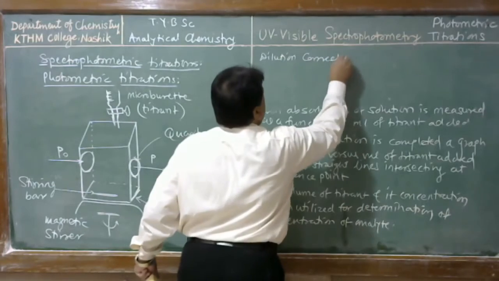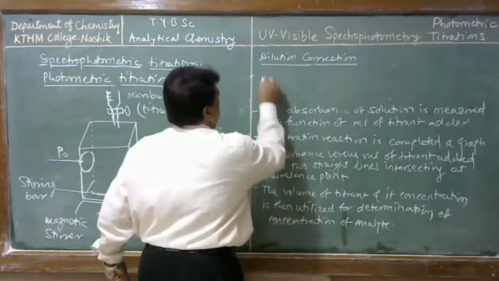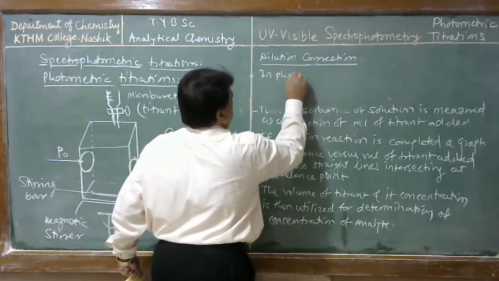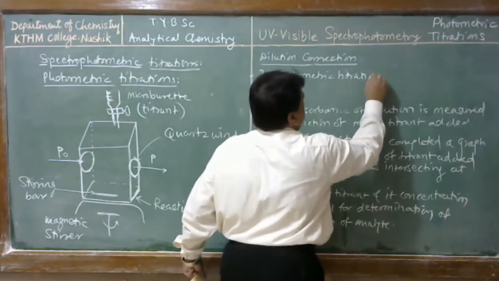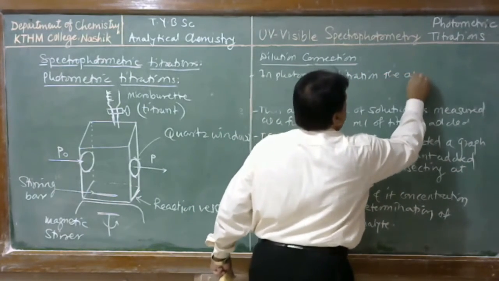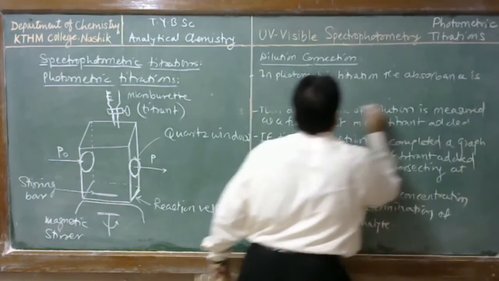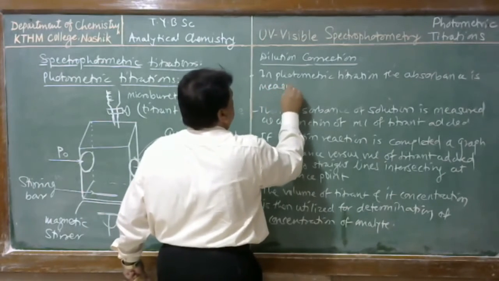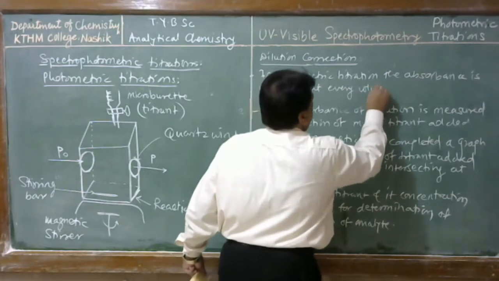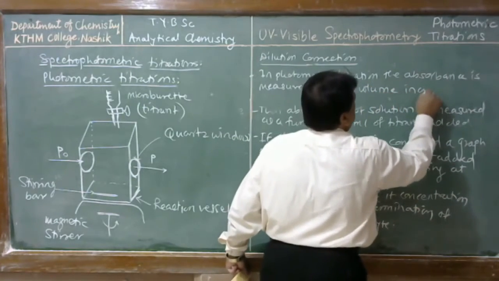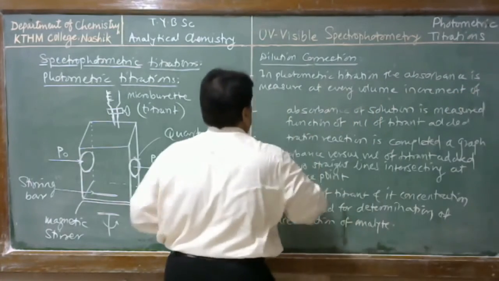Therefore, for the dilution correction that is done in photometric titration, the absorbance is measured at every volume increment of the titrant.